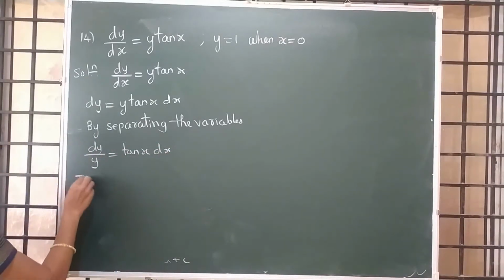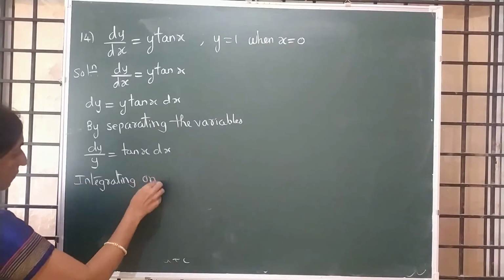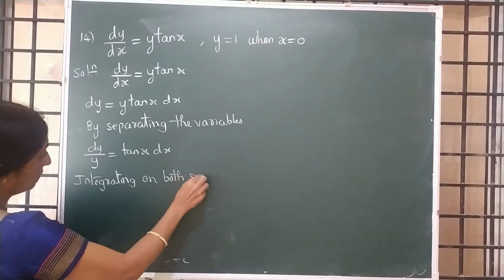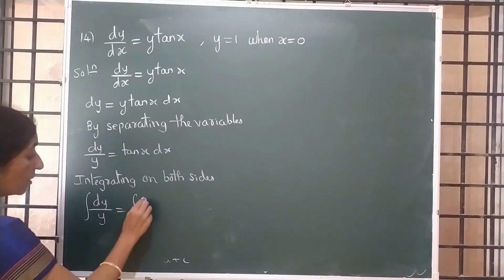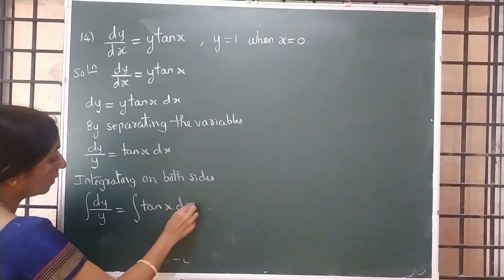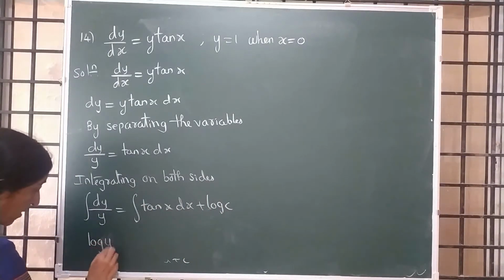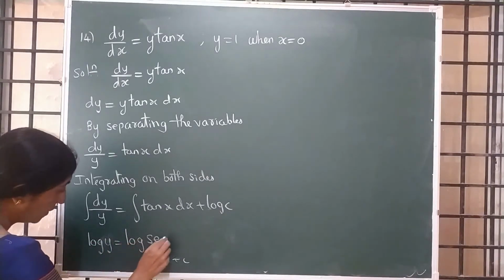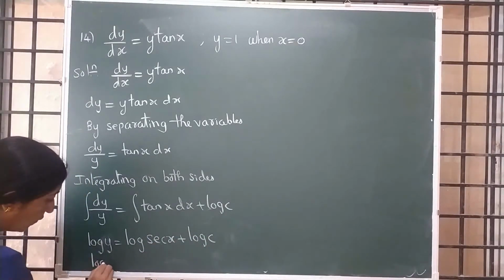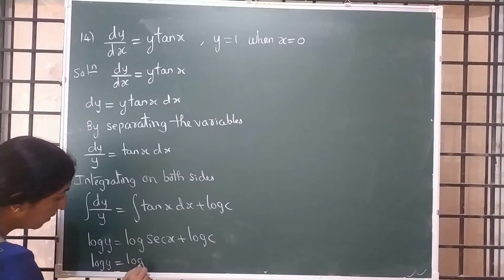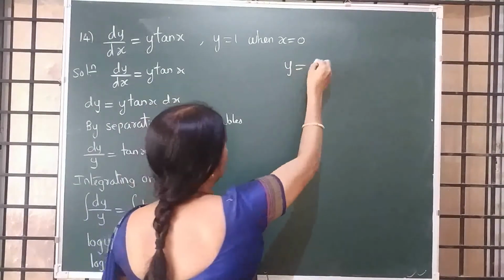Then we integrate. If you are thorough in integration, you know that everything is coming in the form of log. That's why the constant is also in the form of log. This is log y. Integration of tan is log of secant x plus log c. Right side is in the form of log m plus log n. It is c into secant x. On both the sides, log gets cancelled.